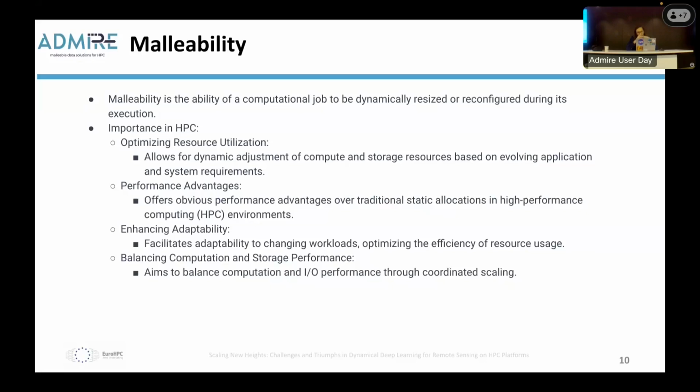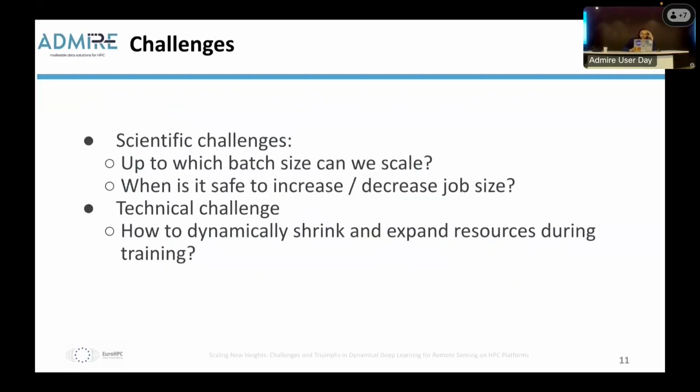For example, thinking about a generative model where you not only read a lot of files but you might also create many, in that case it can also pose some challenges in terms of I/O. So finding a sort of balance is definitely of interest for our applications, also for deep learning.